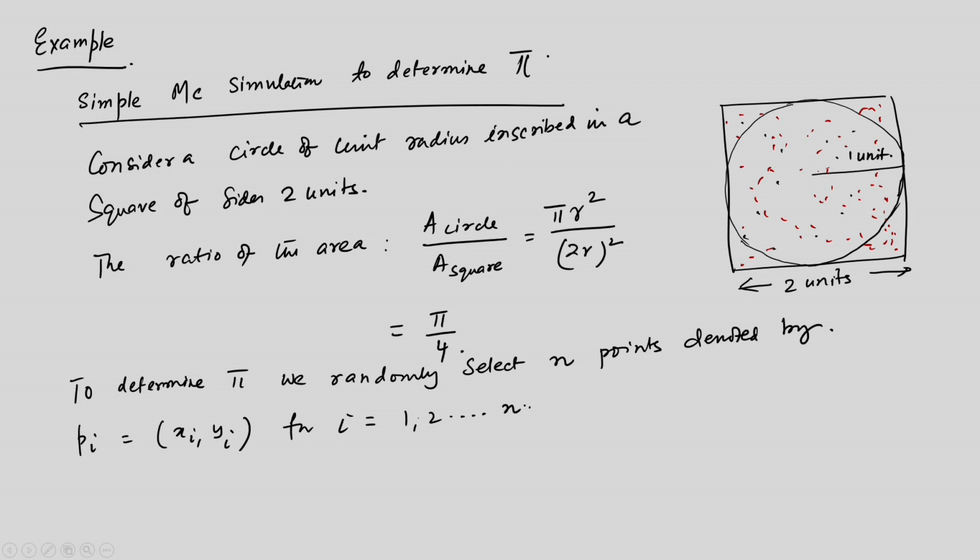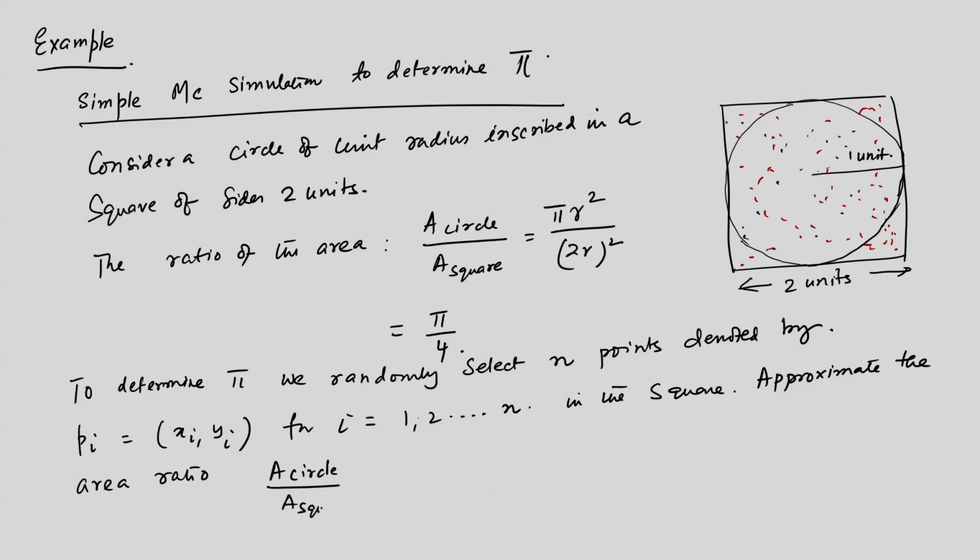Of course, n is large, in the square, and this approximates the area ratio, the ratio of the area of a circle by a square, equal to m by n.